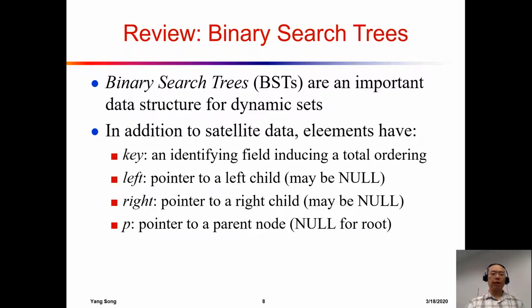So for a binary search tree, each node should have at least these things. It should have a key, a left pointer to the left child, a right pointer to the right child, and a p, which is a pointer to the parent. So if we have a node, it knows the left child, the right child, and also the parent.